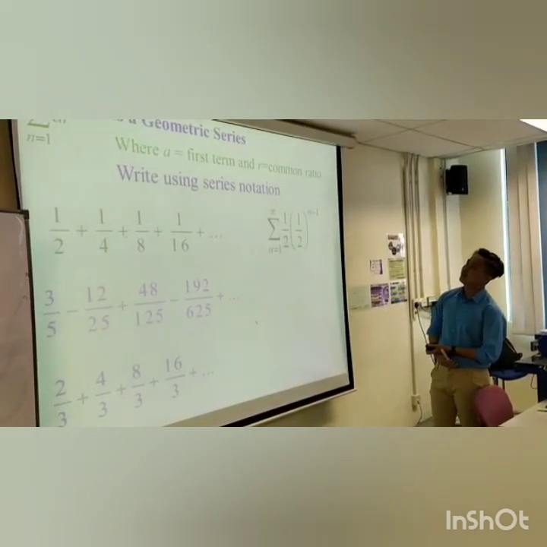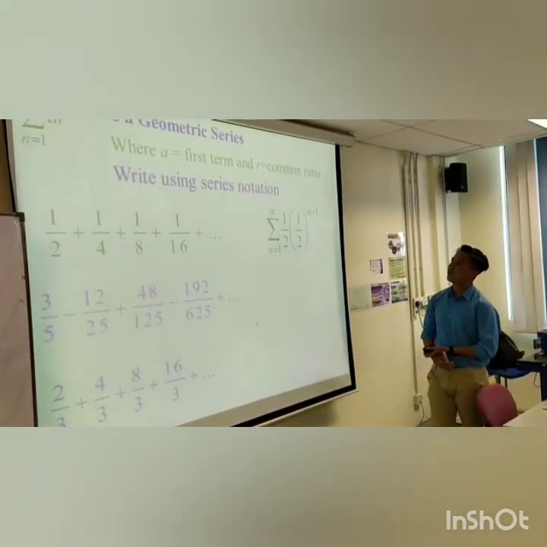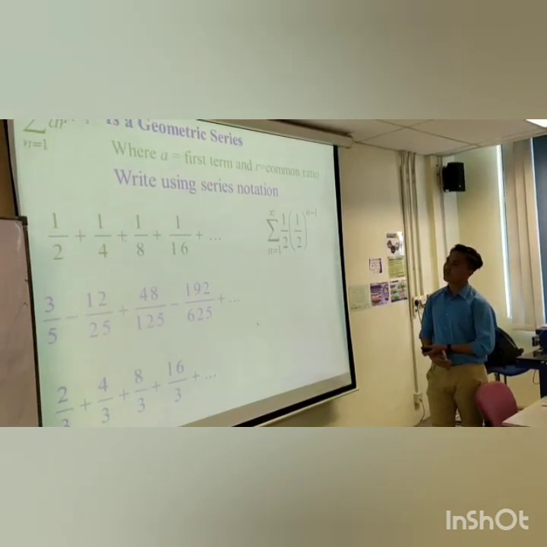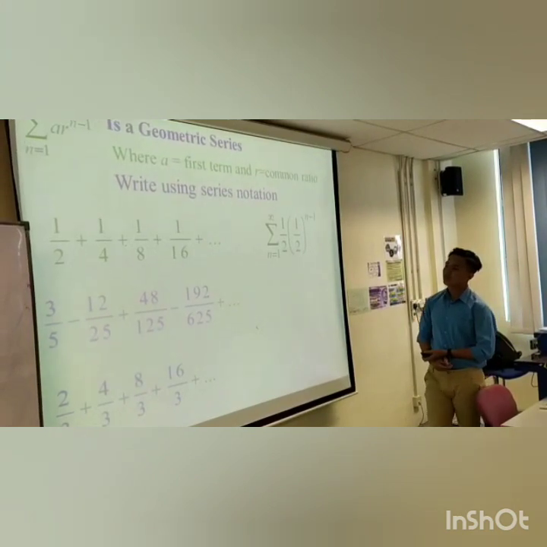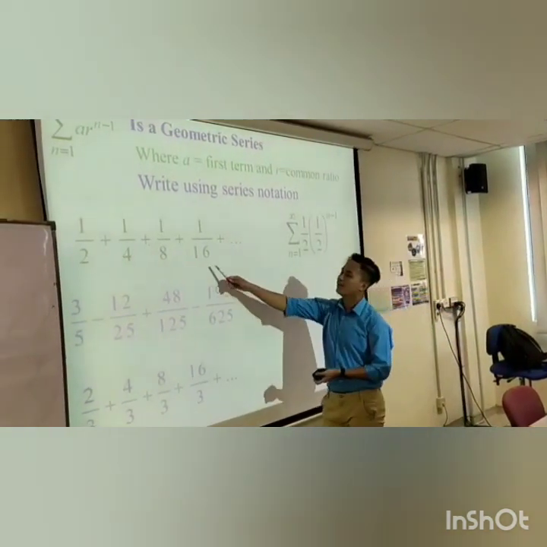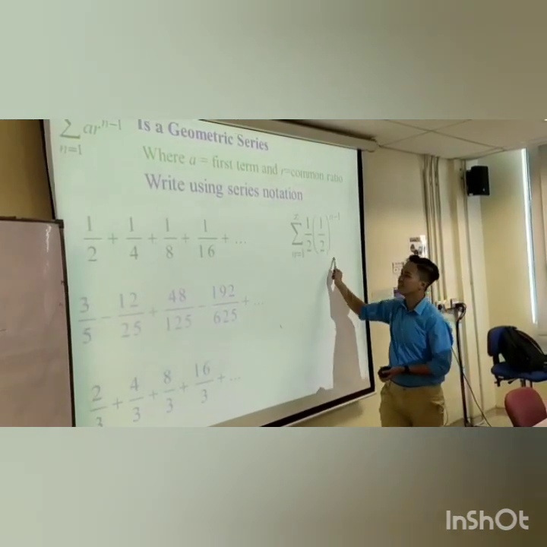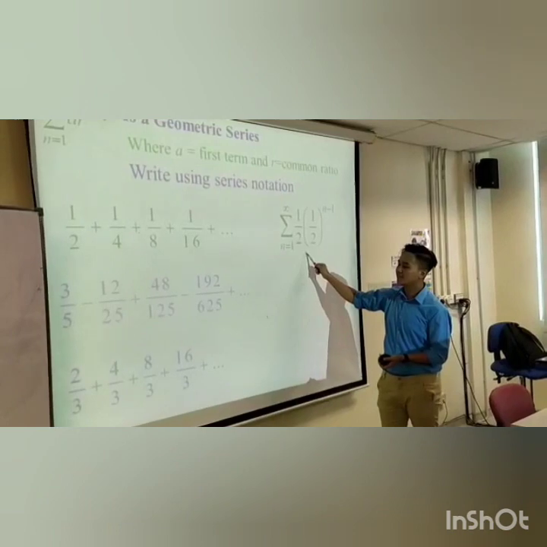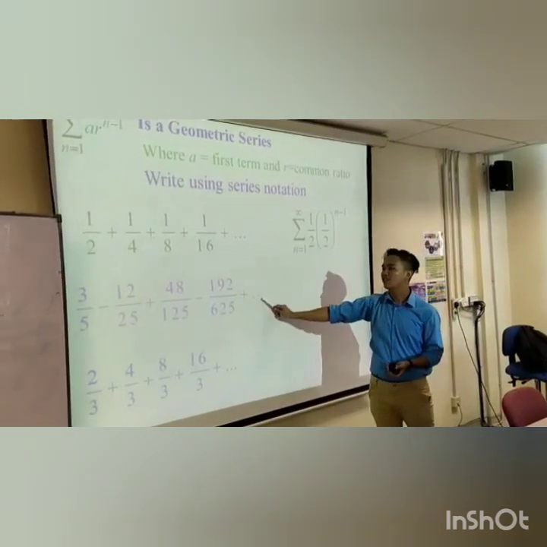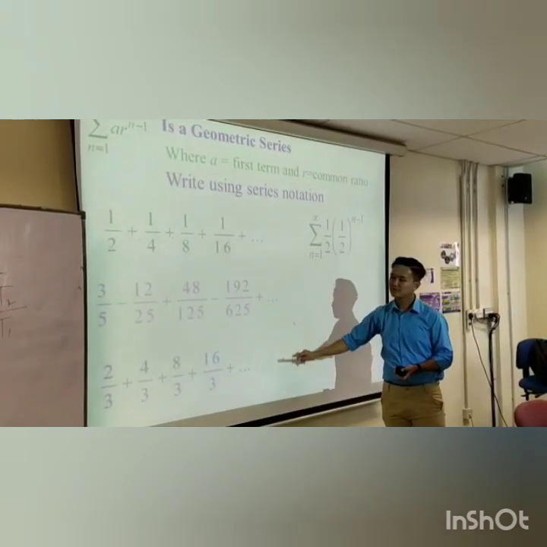So it's a geometric series where a equals the first term and r the common ratio, using series notation. So how do you write this into something like this? This is an example I gave, and I think you can generate something like this from this too, right?